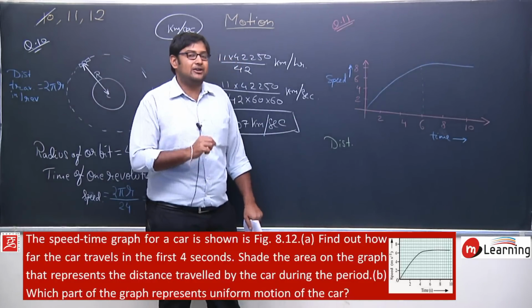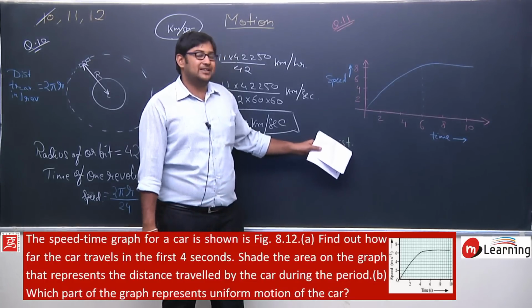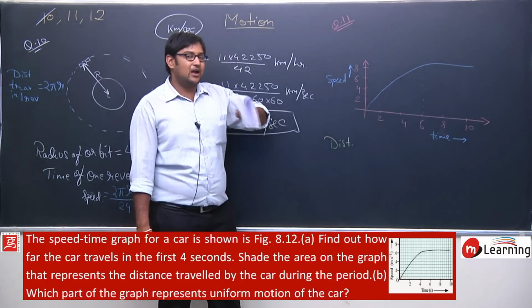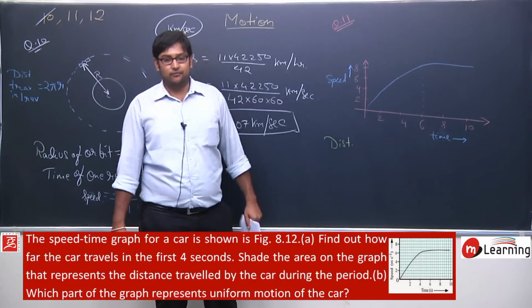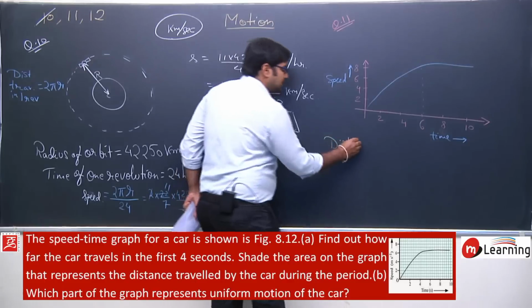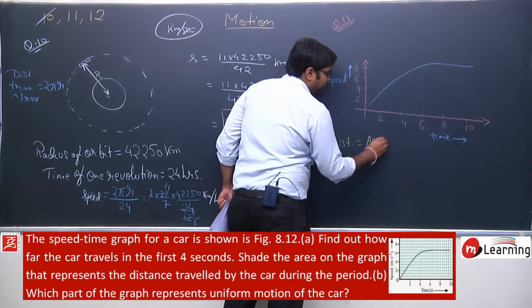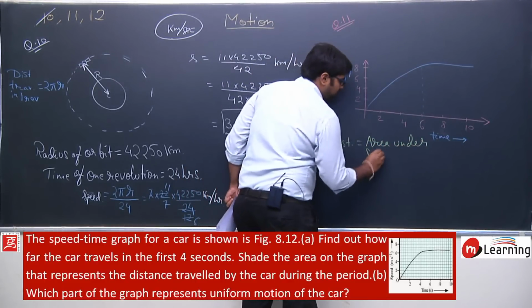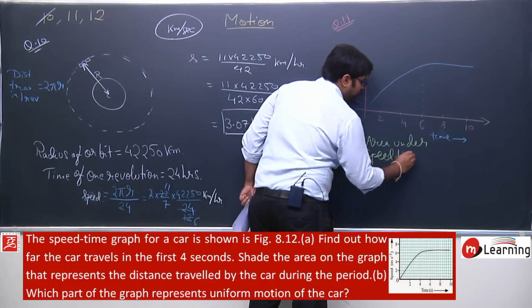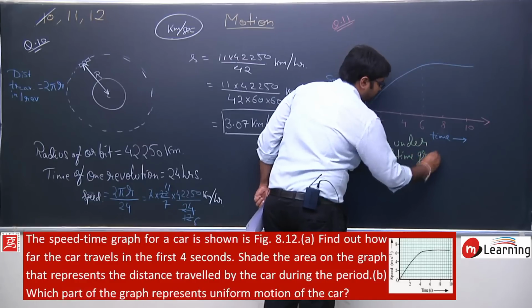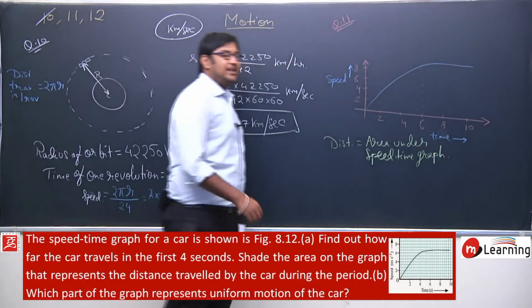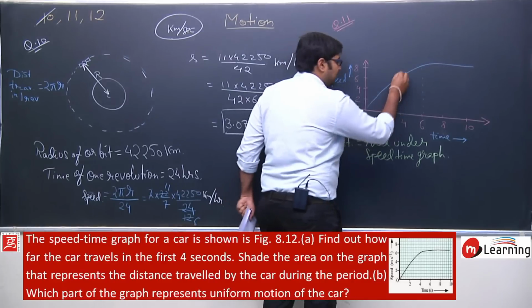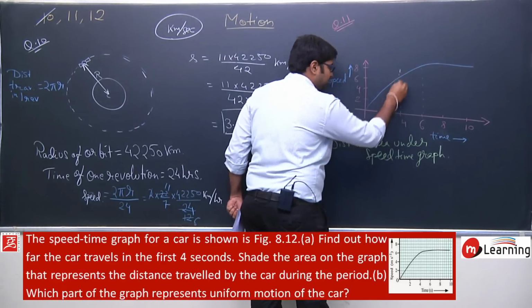Distance is basically the area under the speed time graph. So we need to calculate the area till the time 4 seconds, this much.